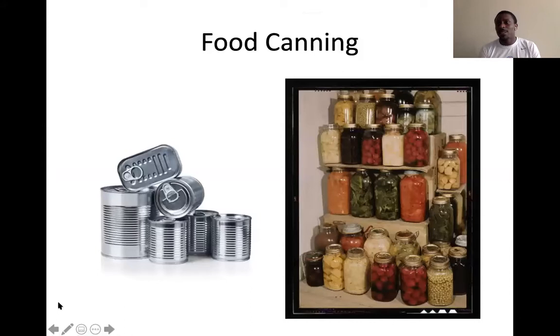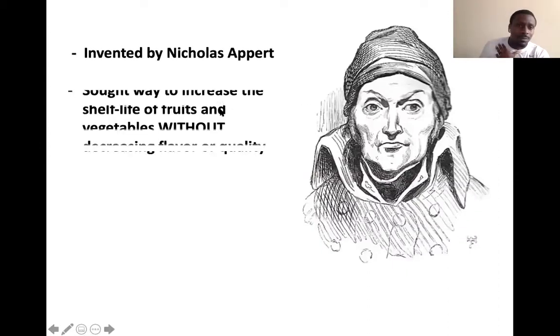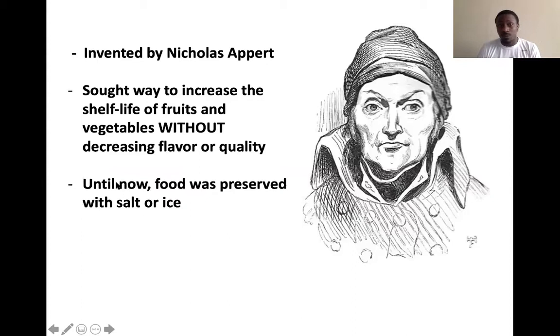Canning food. These days we have plenty of canned goods, but that was a process that had to be invented too. It was invented by Nicholas Appert. He sought a way to increase the shelf life, to keep fruits and vegetables fresh for longer, without decreasing the flavor or the quality of those fruits and vegetables and other foods.